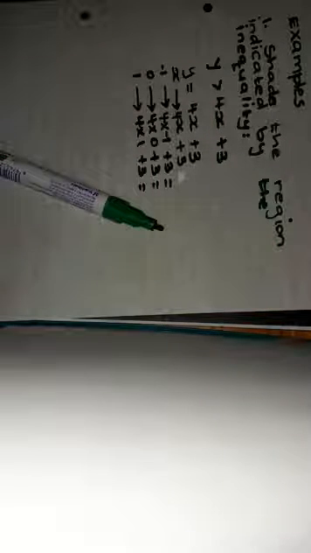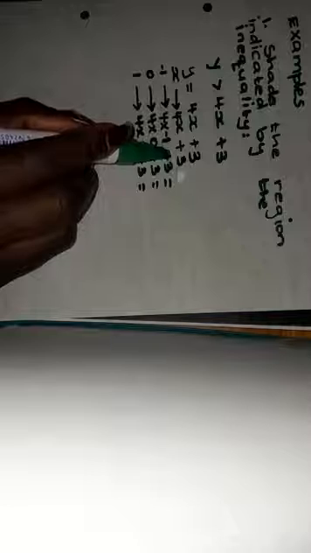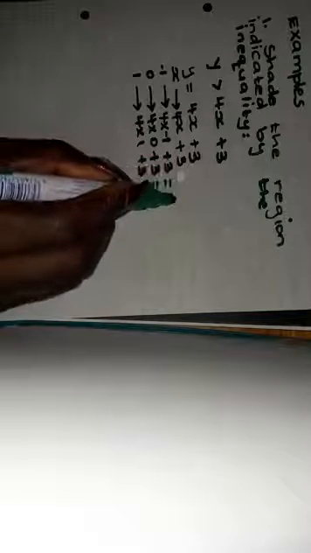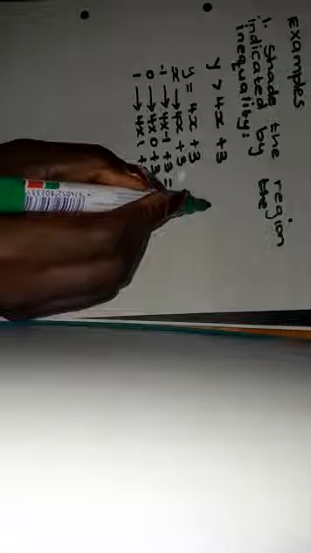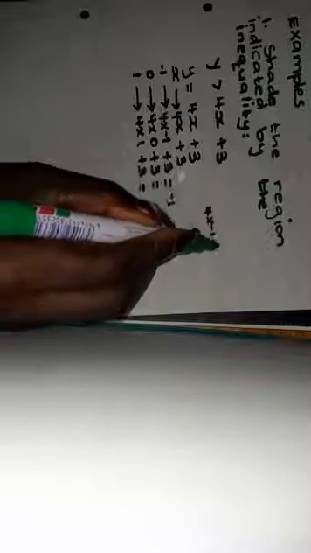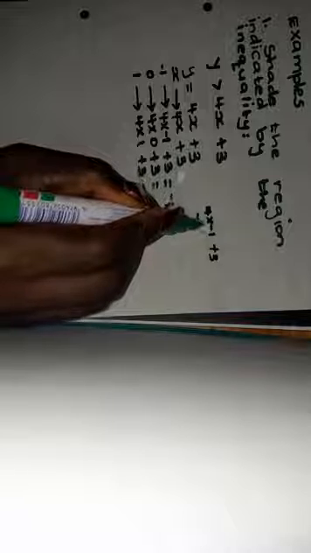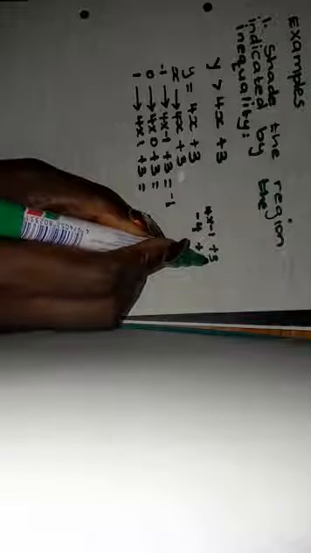So 4 times -1, the answer is -4. Then plus 3, the answer is -1. I hope you remember that 4 times -1 is -4, plus 3.